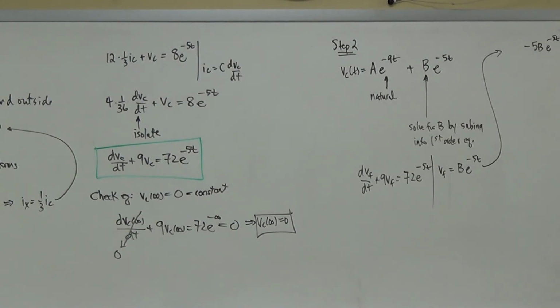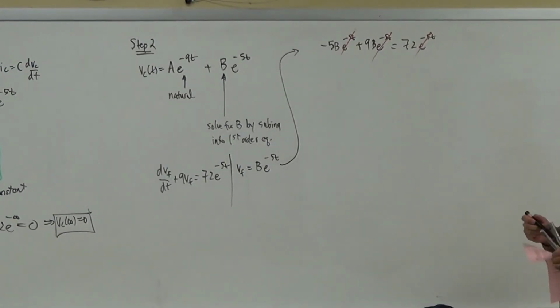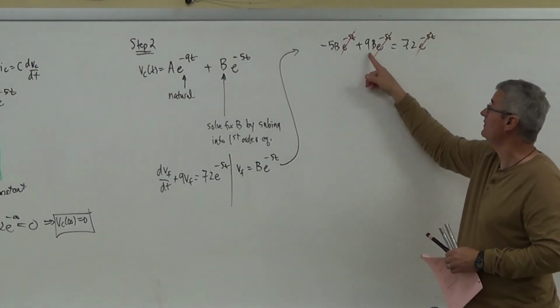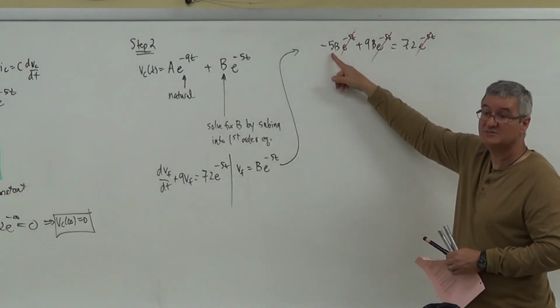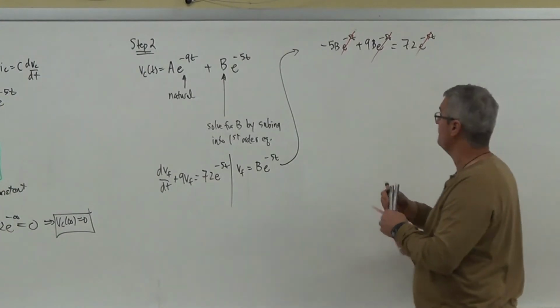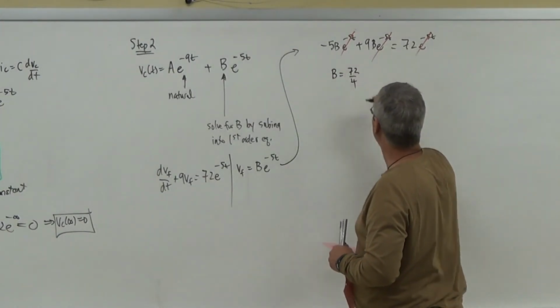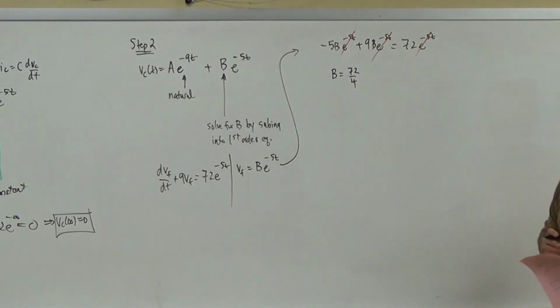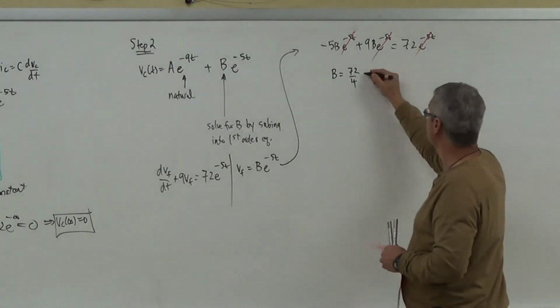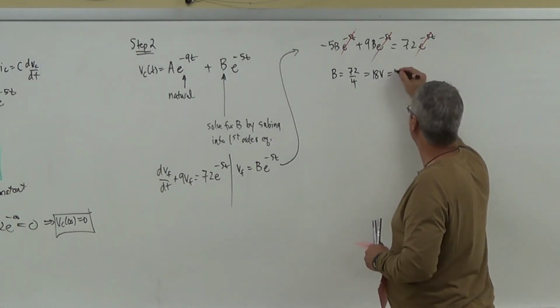And right away, we can see that these all cancel out. So you can see that I have 9 minus 5 gives me 4. 4 divided into 72, so this tells me that b has to be 72 over 4, which is 18. Okay, so this is 18 volts for b.